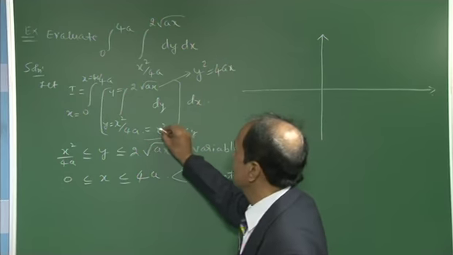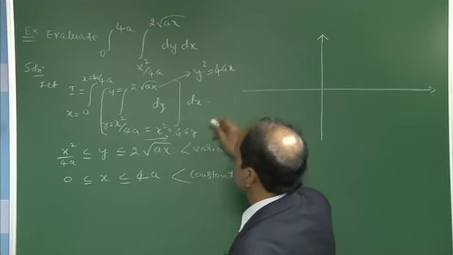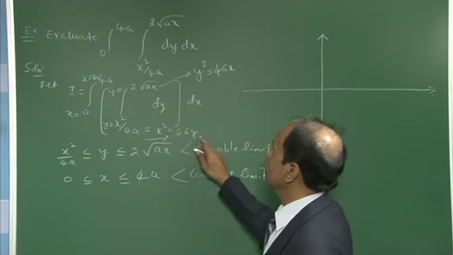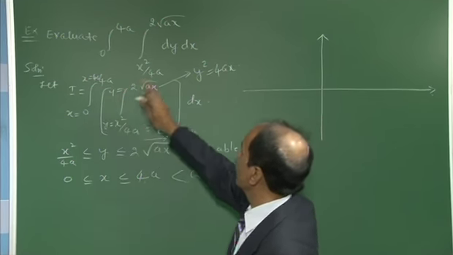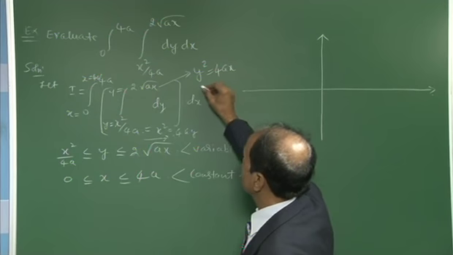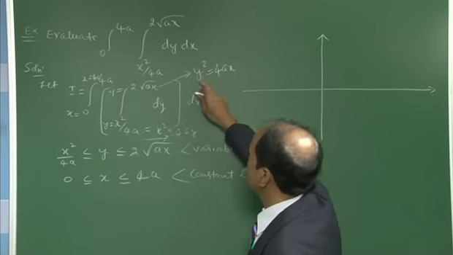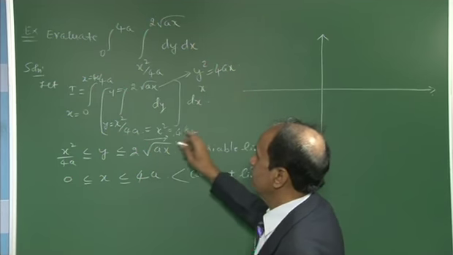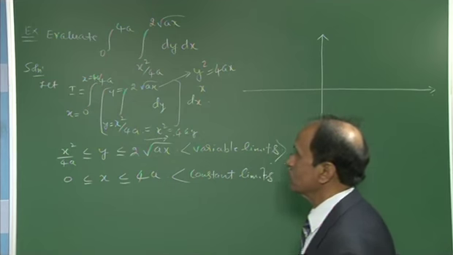So y square is equal to 4ax, otherwise here x square is equal to 4ay. Here y is a function of x, and y is equal to x square by 4a. This is y is equal to 2 root of ax.